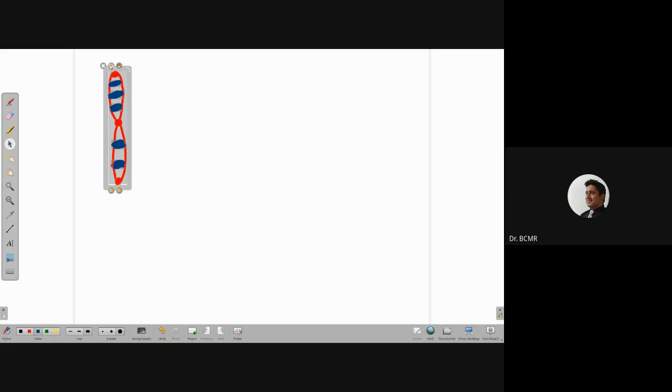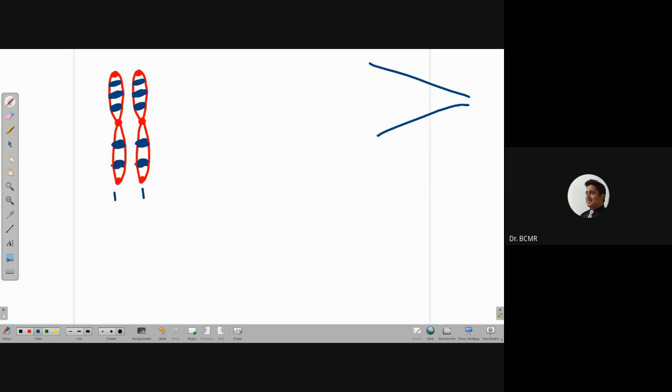So if we have 2 copies like this of, say, chromosome number 1, we'll call it chromosome 1, and this is another chromosome 1. In the majority of the organisms, chromosome 1 is usually the largest one, and then the second one will be the second largest, and so on, eventually the small ones.